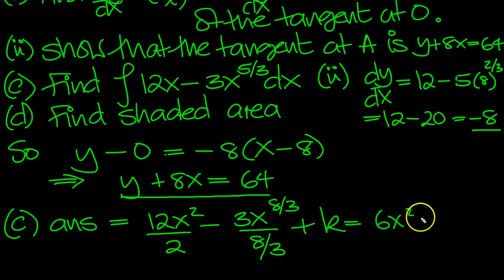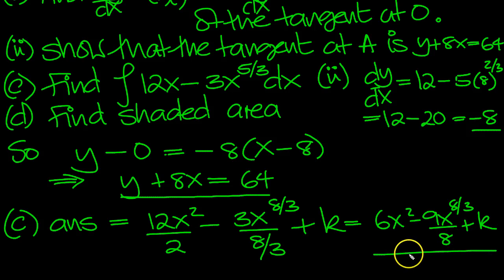The 3 can come up to be with the other 3: 9x to the 8/3 over 8, plus K. Okay, that's part C.